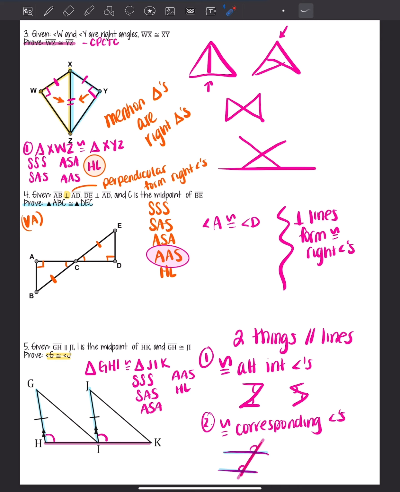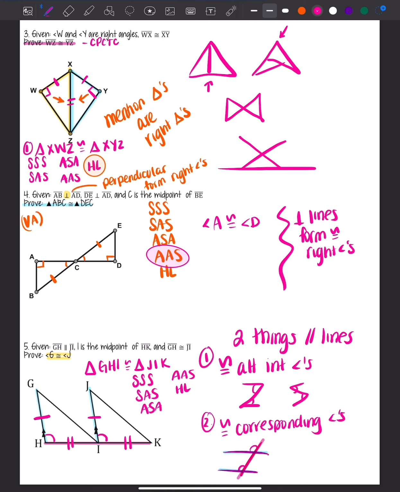Now, what I know also is that I is the midpoint of HK. HK is highlighted in pink. I is my midpoint, so I'm going to say that these two pieces are congruent. Also, they were kind enough to mark the diagram for me to say that GH is congruent to JI.